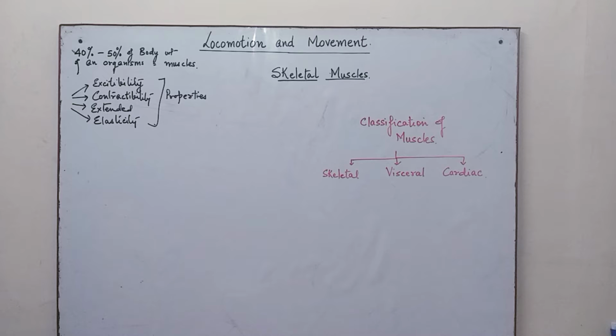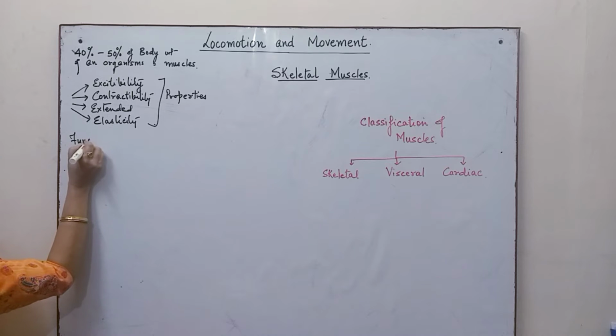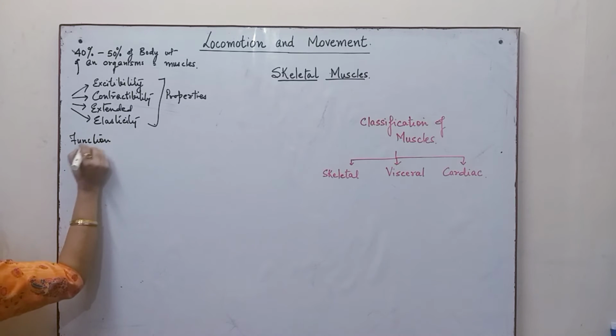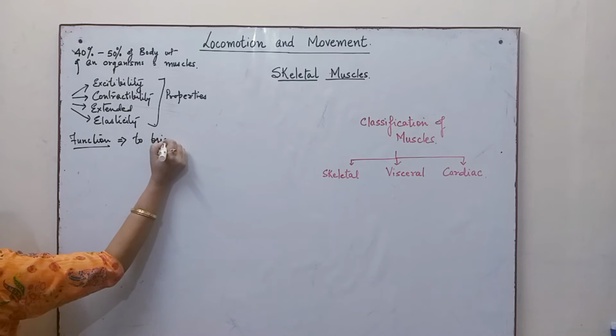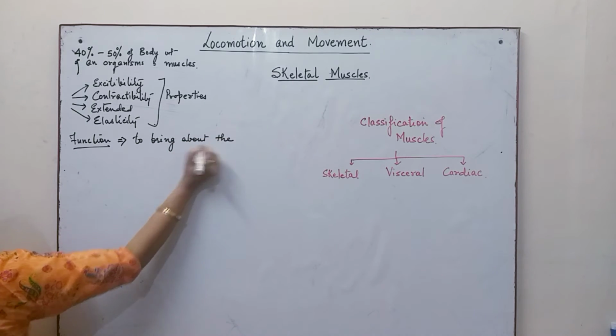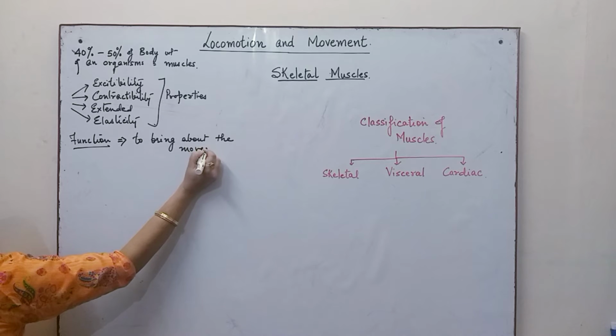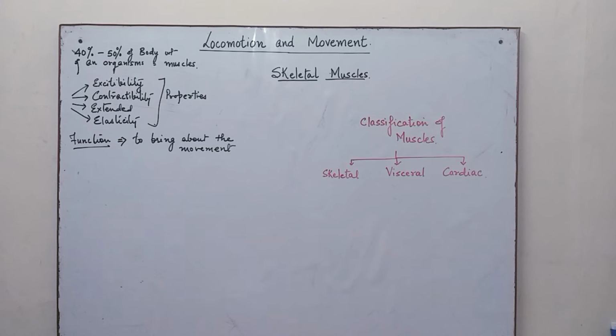Now, these skeletal muscles are very important. They are performing very important function, and the most important function which is performed by the skeletal muscle is to bring about the movement in organisms. So they bring about the movement of the organism, and they are found associated with the skeleton.